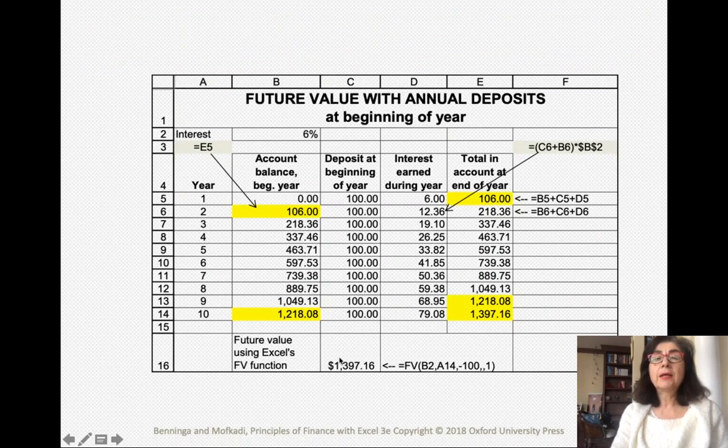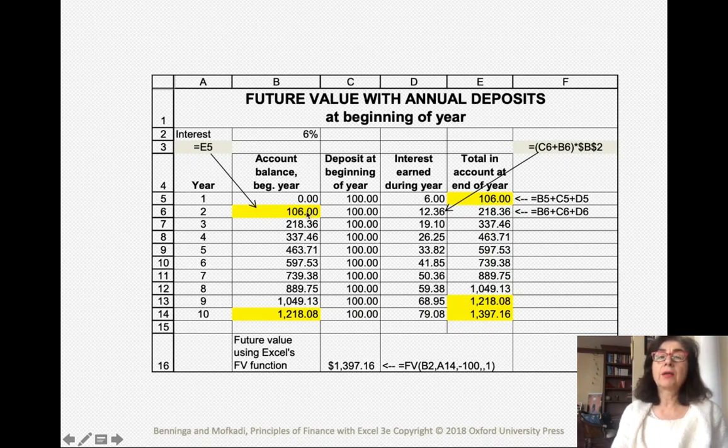And to do that, you can create this table with Excel, and you can see that for year one, initially we have 0 beginning balance, and there is a $100 deposit, and the interest earned during the year is $6, and that's a total of $106.